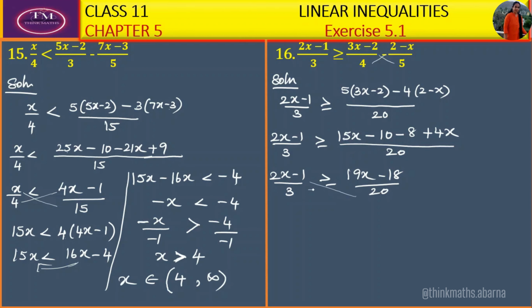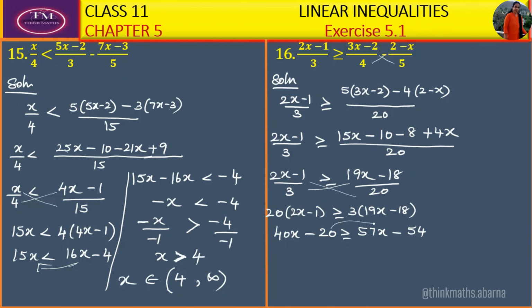Just cross multiply now. So it is 20 into (2x - 1) greater than or equal to 3 into (19x - 18). So 20 into 2 is 40x, minus 20 into 1 is 20, greater than or equal to 3 into 19x, which is 57x, and 3 into 18 is 54.